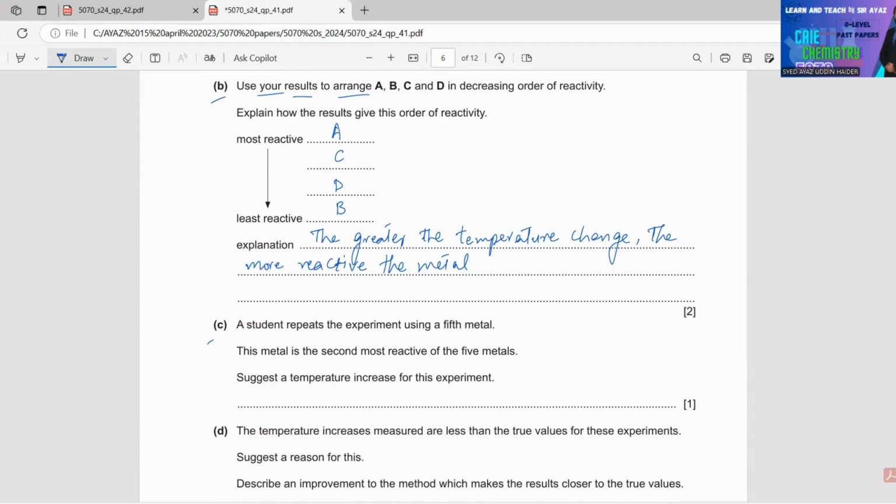C. A student repeats the experiment using a fifth metal. This metal is the second most reactive of the 5 metals. Suggest a temperature increase for this experiment.